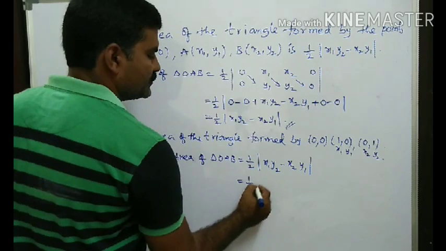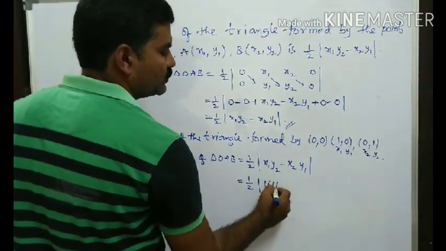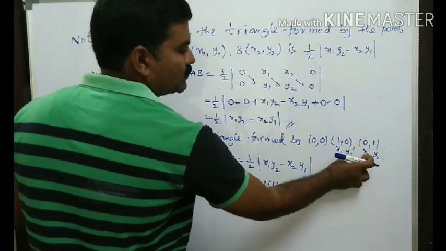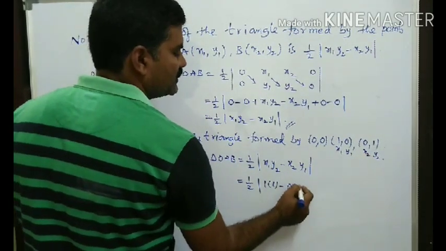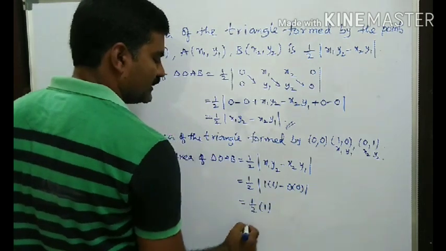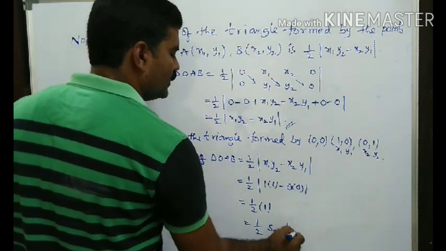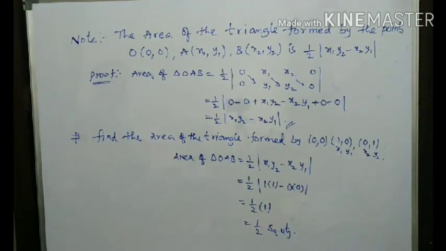Substituting, 1 into 1 minus 0 into 0, finally it equals half into 1. So the area of triangle OAB is half square units. Please note that this formula is applicable only when one of the vertices is the origin.